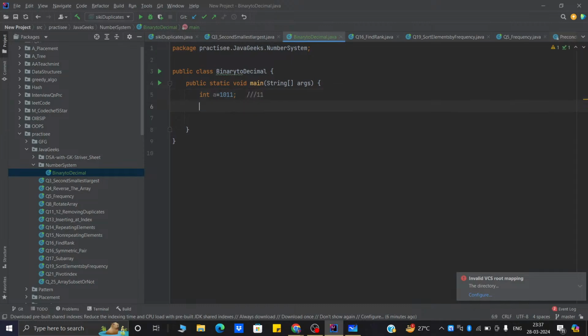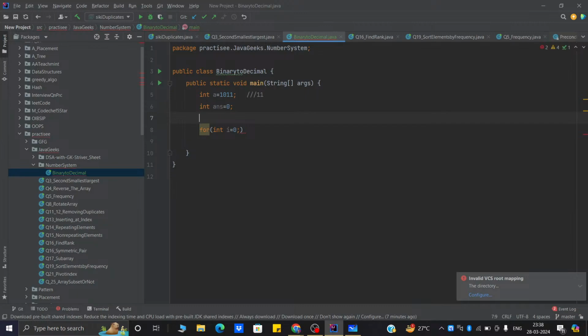So now, 1 into 2 to the power 0, that means we have to run a for loop. Let's take answer equals 0.